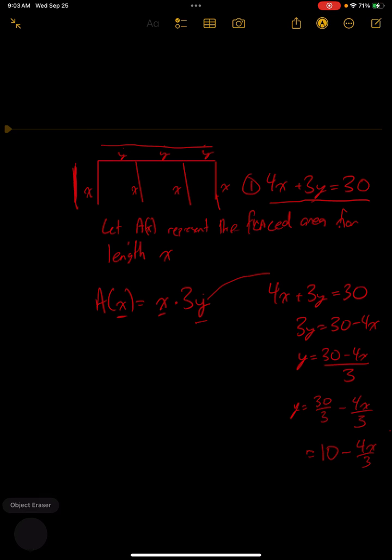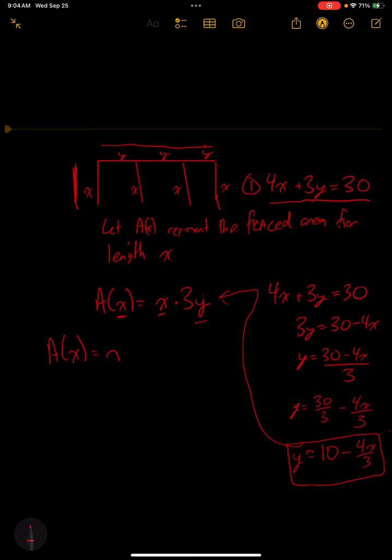So guess what I can do? I can substitute this into this y right there. A of x equals x times 3 times whatever y is, 10 minus 4x over 3.